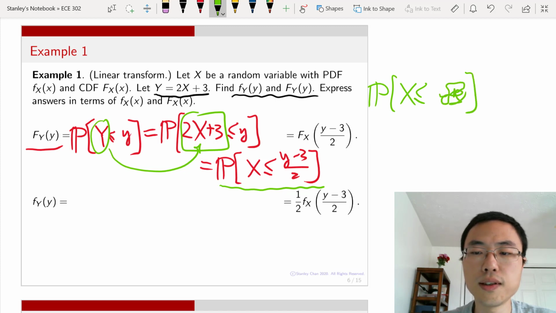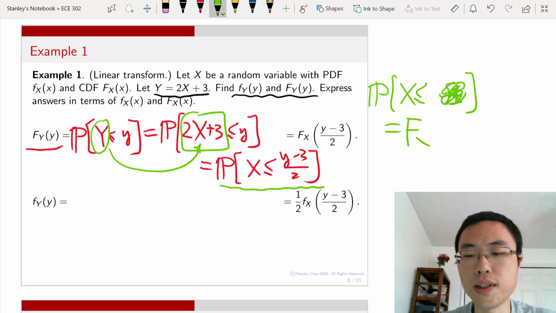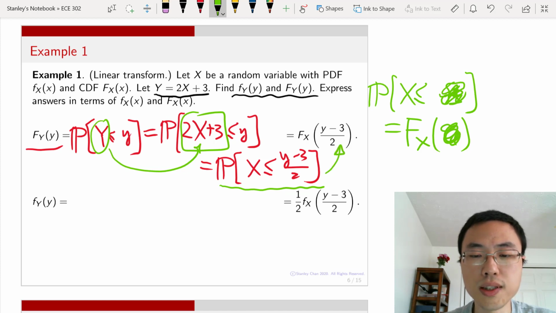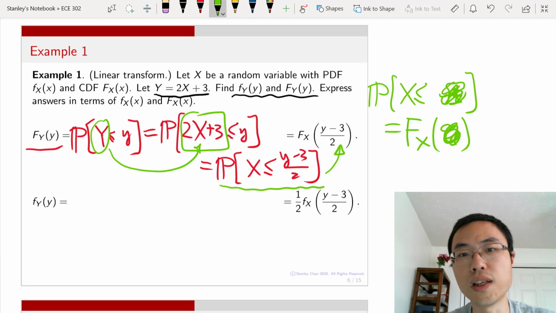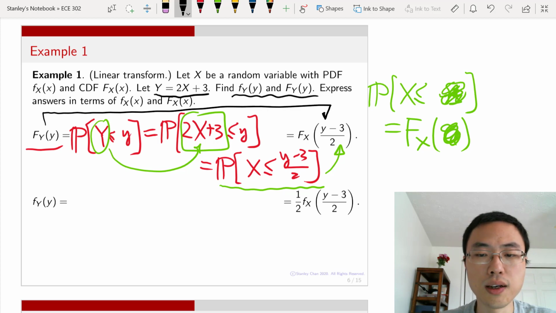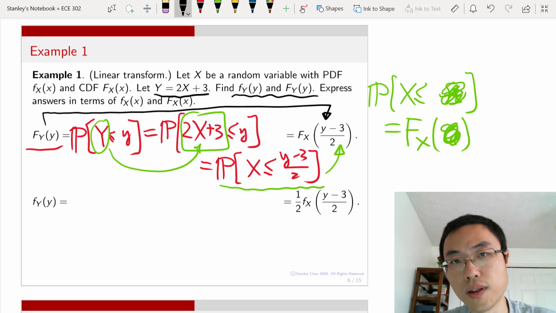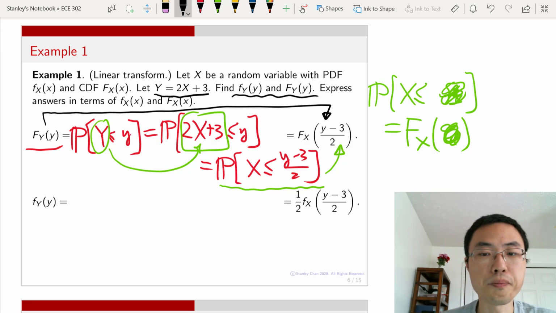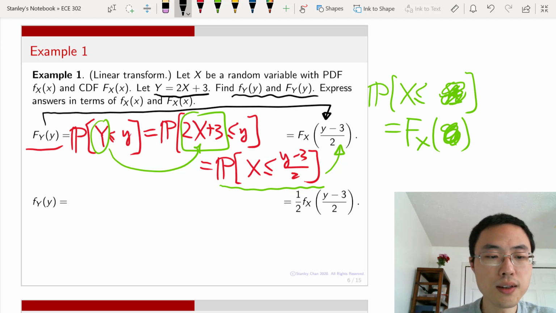This is just the CDF of x evaluated at this something. That is exactly the CDF of x evaluated at something. That's why we have this CDF, Fx of y minus 3 divided by 2. So what we have shown is that we start with Fy and we have found it as a function written in the form of Fx. And then we can find the small fy.